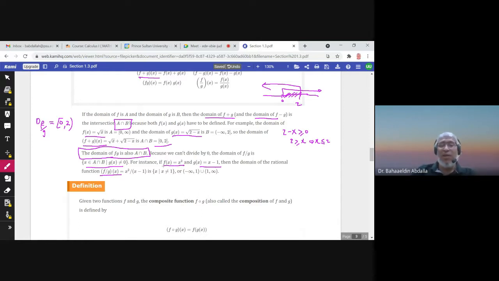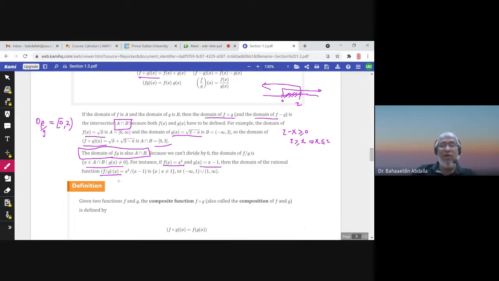Another example, f equals x squared. What is the domain of f? All real numbers. g equals x minus 1. What is the domain? All real numbers, because no root, no denominator. So the domain of f plus g, f minus g, f times g in this case would be all real numbers.